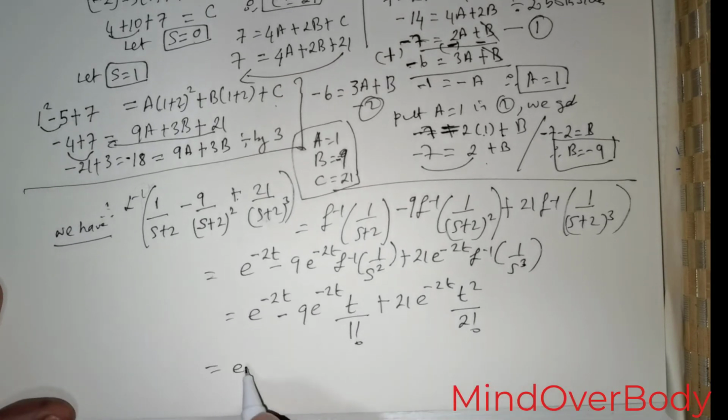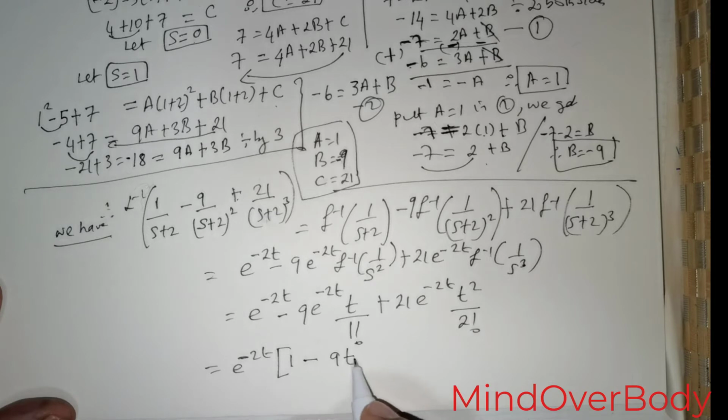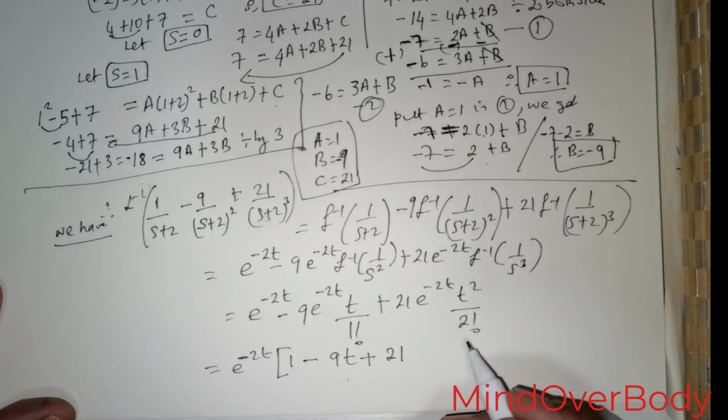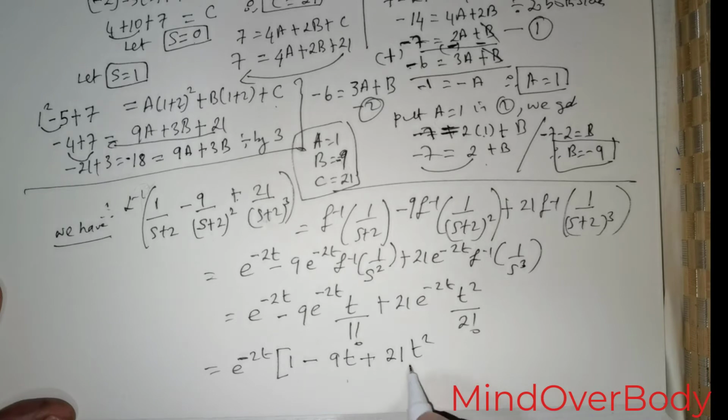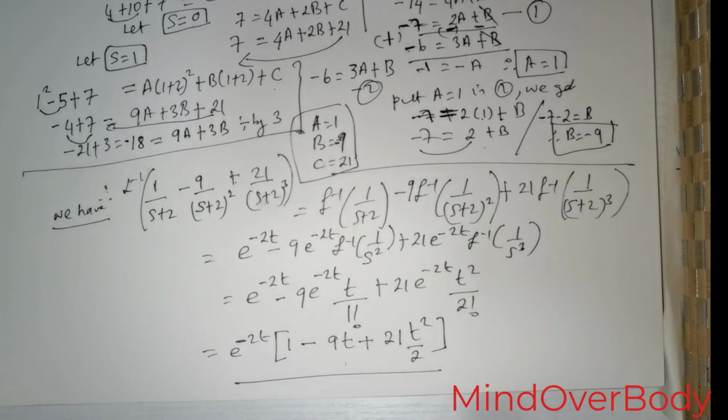So if I take e raised to the power of negative 2t out, I would get 1 negative 9 times t divided by 1 factorial, you don't have to specify that, it's understood, positive 21 times t squared divided by 2. 2 factorial is 2. So this is the solution for this question, students.